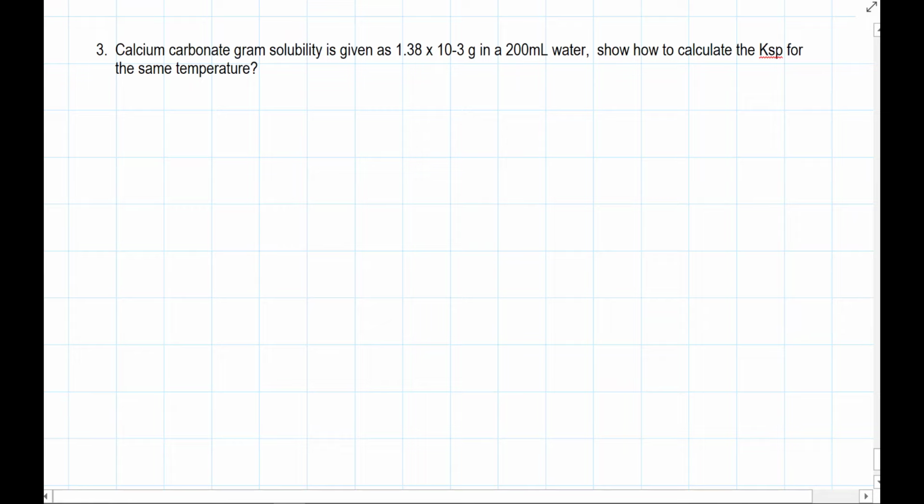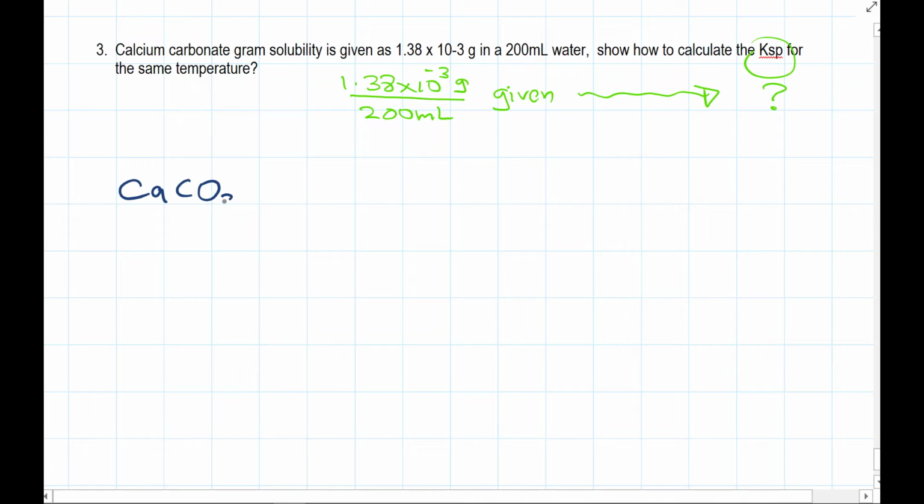Okay, the next question: calcium carbonate gram solubility is given. It is given for 200 mL of water. That's the givens. A little complicated. Show how to do the calculation for Ksp. This is how you can write it: this many grams diluted in 200 milliliters, saturated, and the question is Ksp.